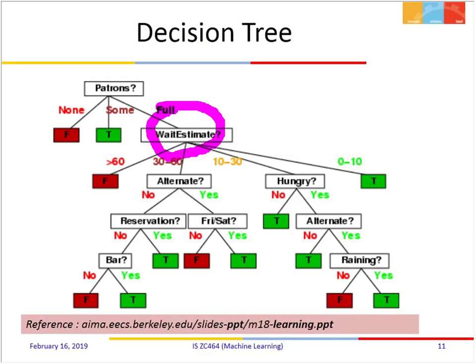Let us say we had these observations that out of 100 times, 7 times they had to wait for more than an hour. So 0.07 should be the probability, and maybe 25 times they had to wait for 30 to 60 minutes.